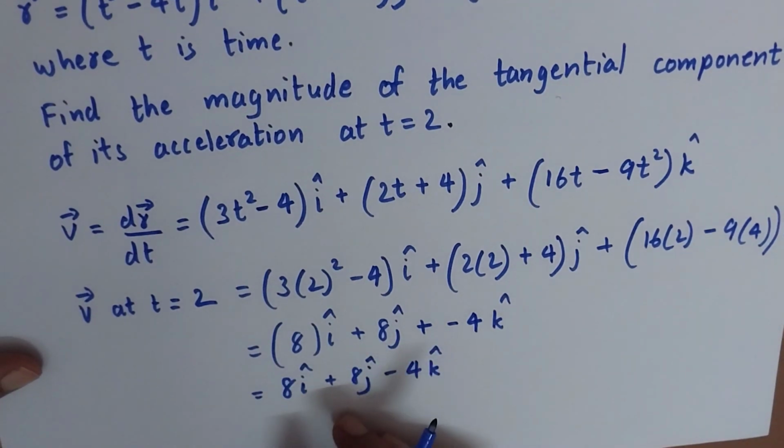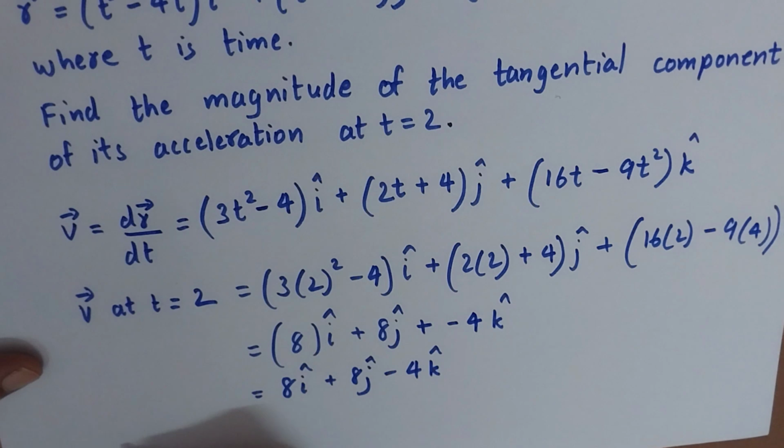Now we have to find the unit velocity vector. So the unit velocity vector at time t equals 2 is the v vector divided by its magnitude.